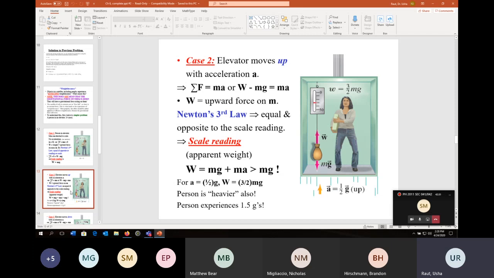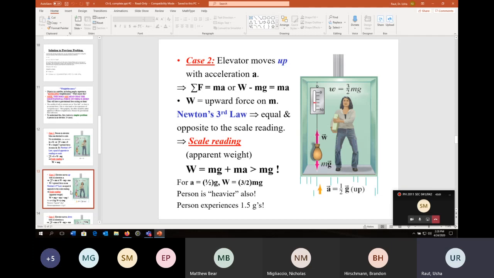You see that there are two forces acting on this object, and if I take the upward direction as positive, one is in the upward direction, one is in the downward direction. So the net force is W minus mg equal to ma.